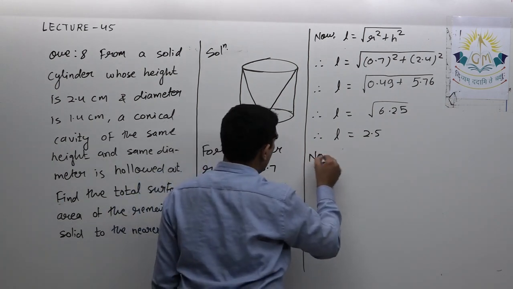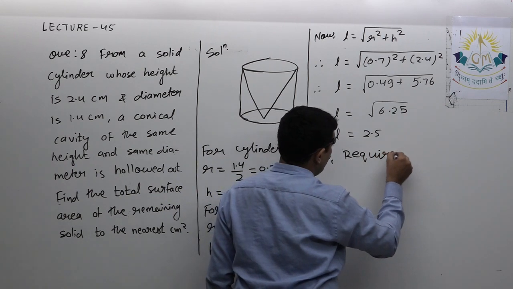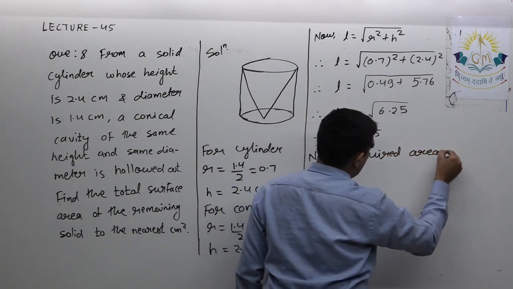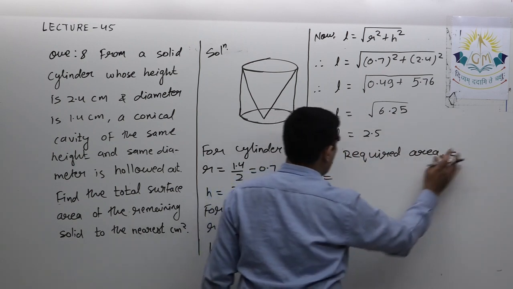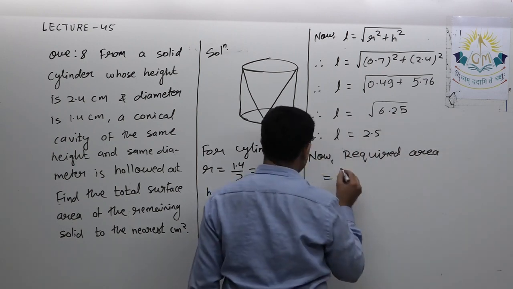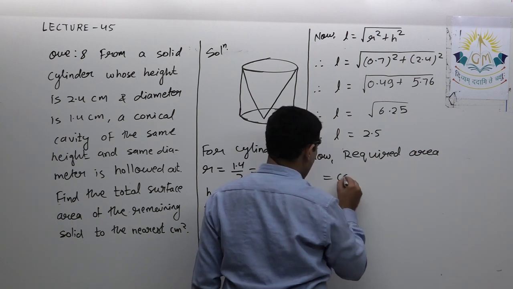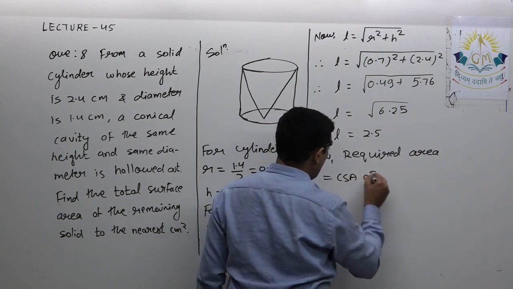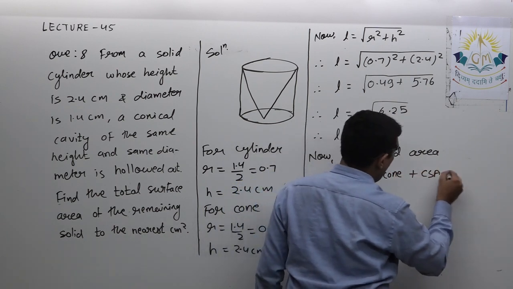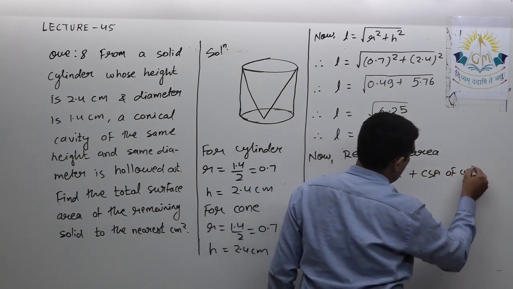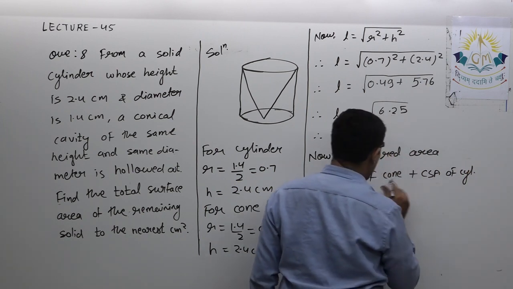Now here I write the required area is equal to CSA of cone plus CSA of cylinder plus base area of cylinder.